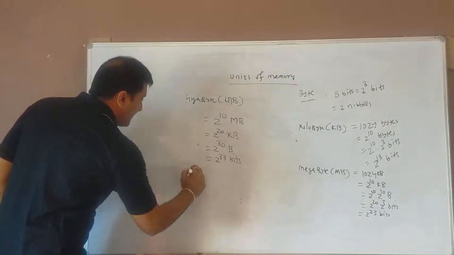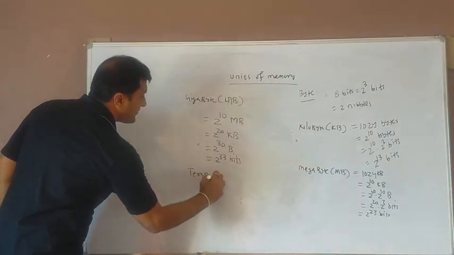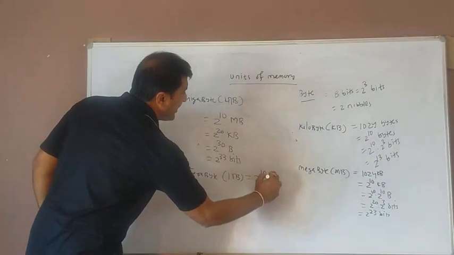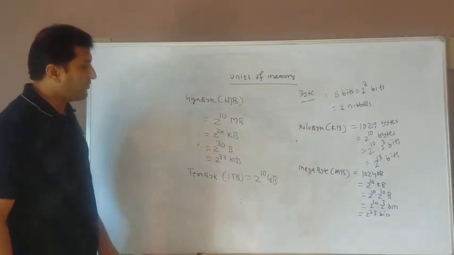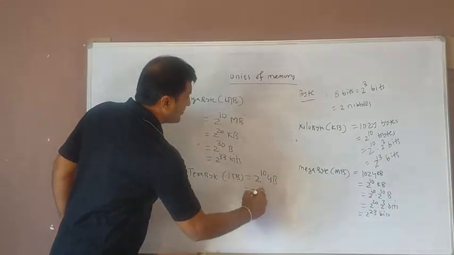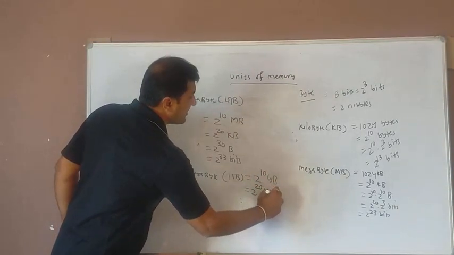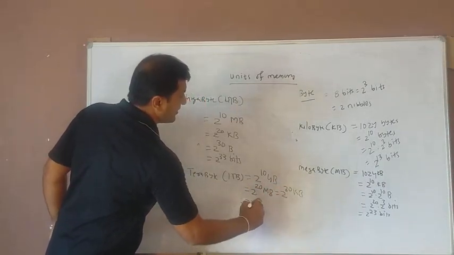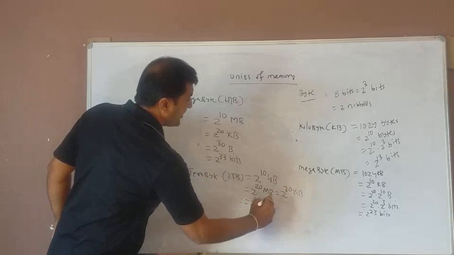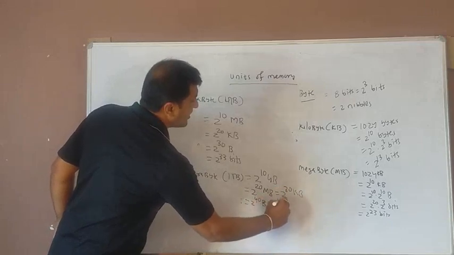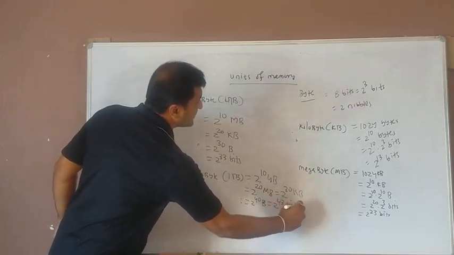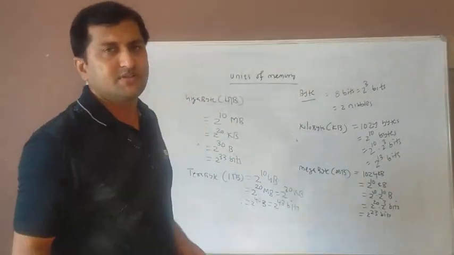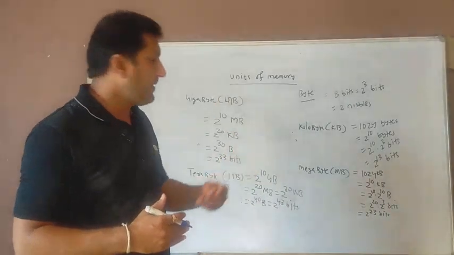Next, TB, terabyte. 1 terabyte equals 2 to the power 10 GB, 1024 GB, equals 2 to the power 20 MB, equals 2 to the power 30 KB, equals 2 to the power 40 bytes, equals 2 to the power 43 bits. So you can represent any memory in different units, be it byte, kilobyte, megabyte, in this way.